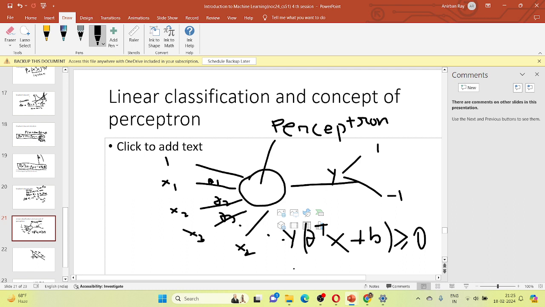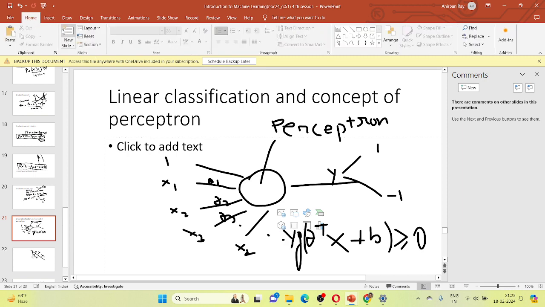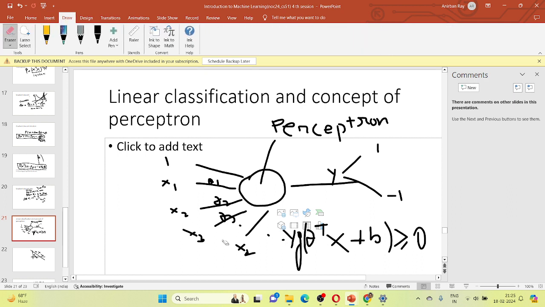And one more thing, you need non-linearity, like sigmoid. Oh, no, sigmoid is not needed here, for now it is not needed. Yes, this expression is correct.